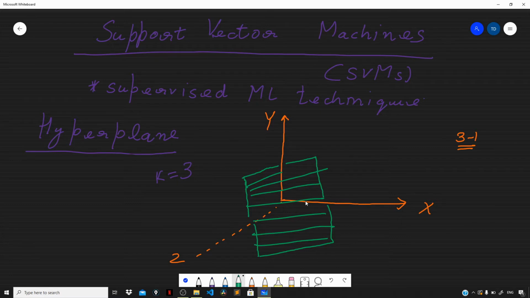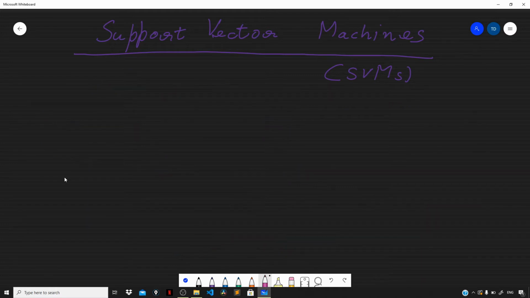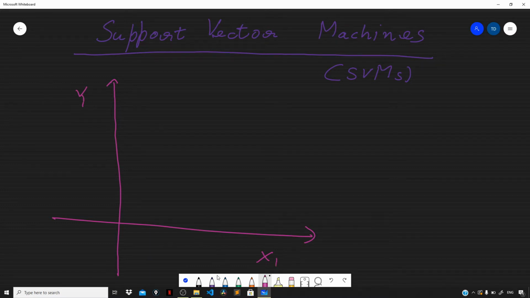So in essence, if we have an n-dimensional space, we can draw infinite number of n-1 dimensional hyperplanes for that n-dimensional space. Now let us consider a simplistic case where we are having a 2-dimensional space, x1 along the horizontal axis and the x2 axis along the vertical.